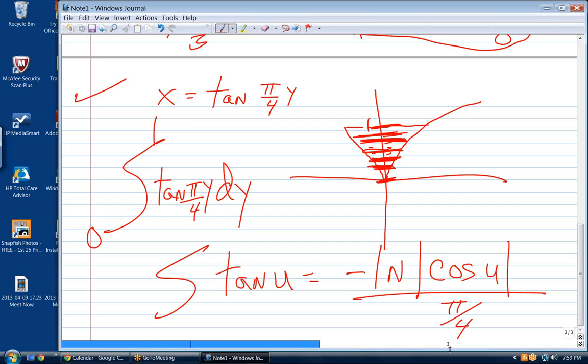Okay? I'll explain that why later. The integral of tan of u is minus natural log of cosine of u, but the integral of tan of 4u would be minus natural log of cosine of 4u divided by 4. It's kind of the chain rule in reverse. You can't always apply it, but you can in this case here.